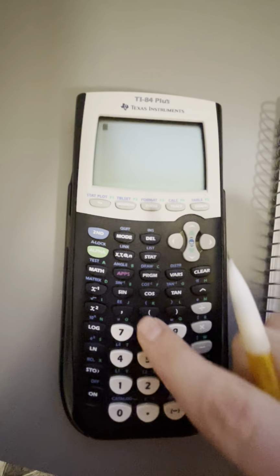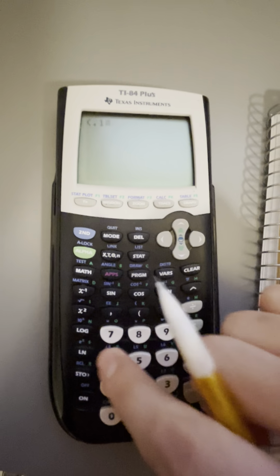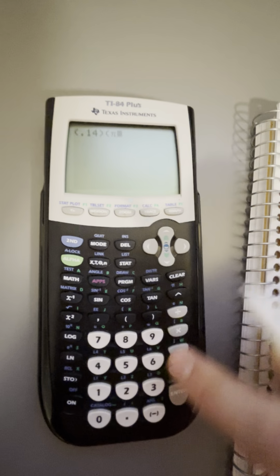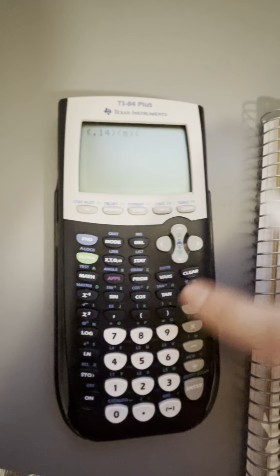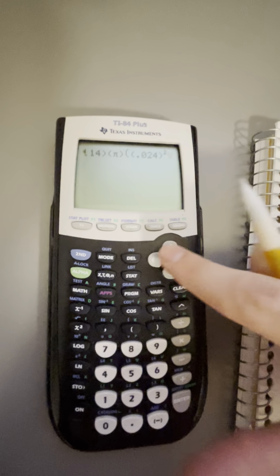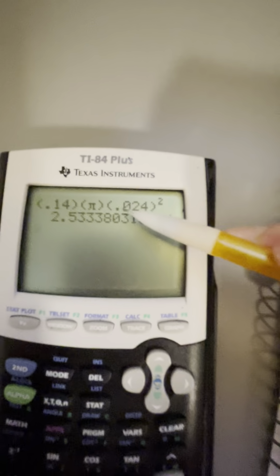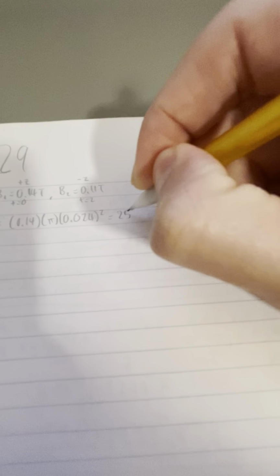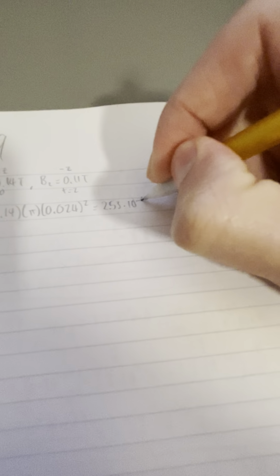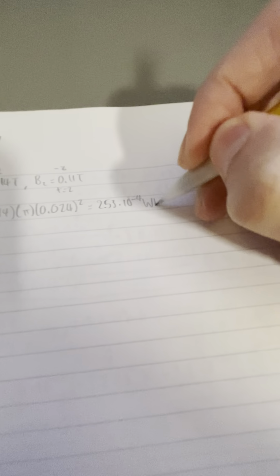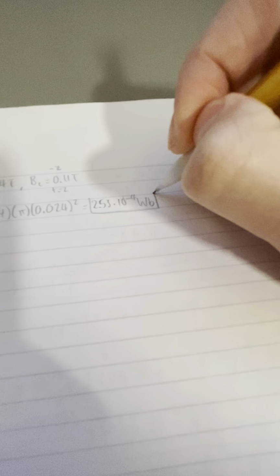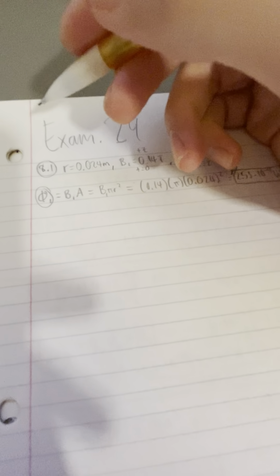That's going to give us 2.53 times 10 to the negative 4th, and that is in units of Webers. So that is part A.